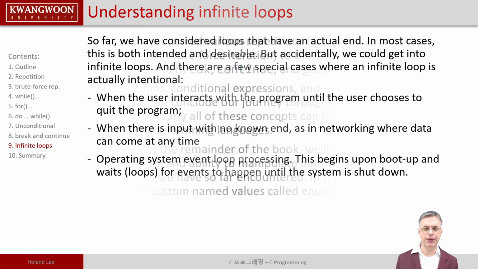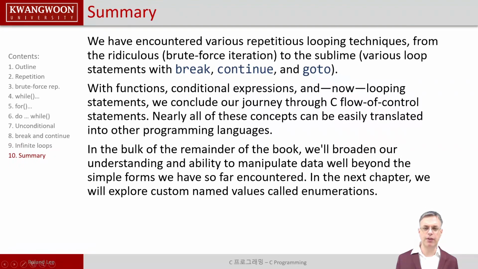Now, summary. We have encountered various repetitious looping techniques, from the ridiculous brute force iteration to the sublime various loop statements with break, continue, and goto, with functions, conditional expressions, and now as well looping statements. We conclude our journey through C flow of control statements. Nearly all of these concepts can be easily translated into other programming languages.